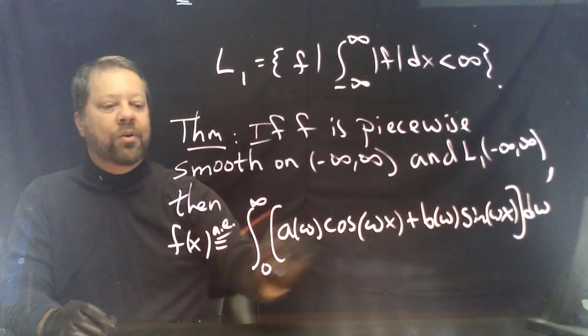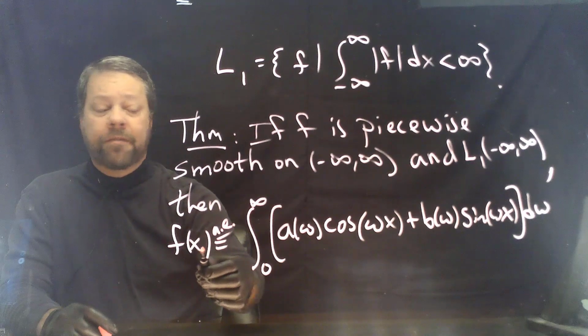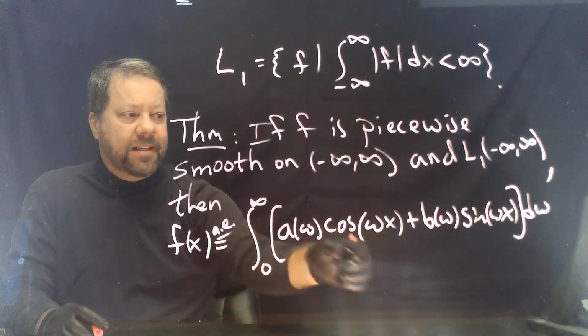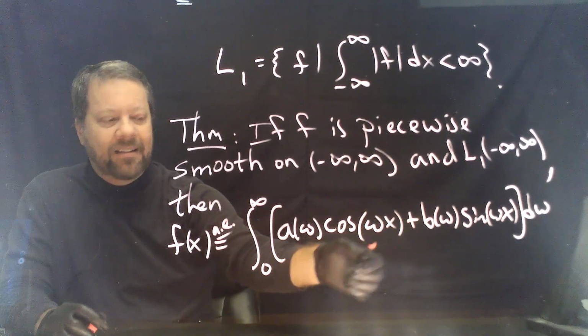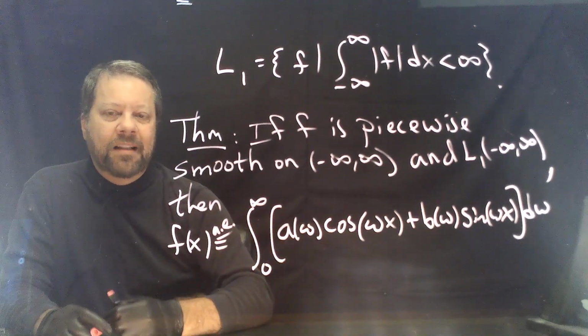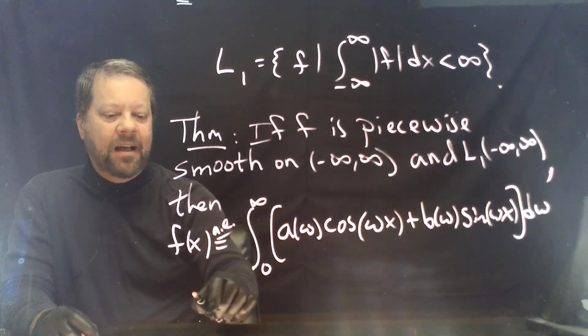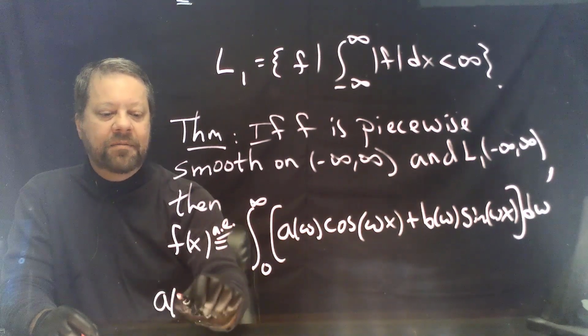We'll integrate out this omega, and how do we get these coefficients in order to represent our function in terms of these sinusoidal functions, but with a continuously varying omega? That period can be stretched out as long or as short as you want. And here's the answer.